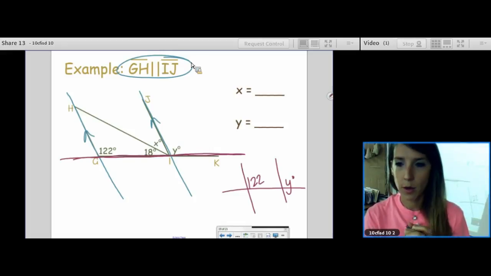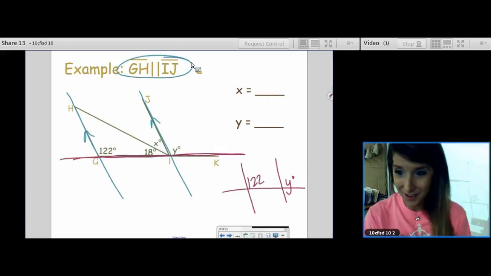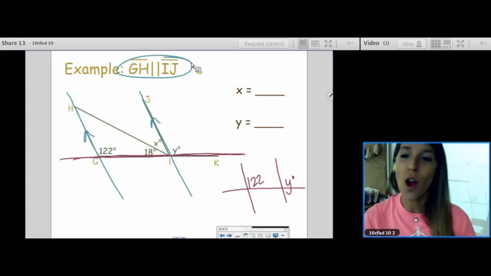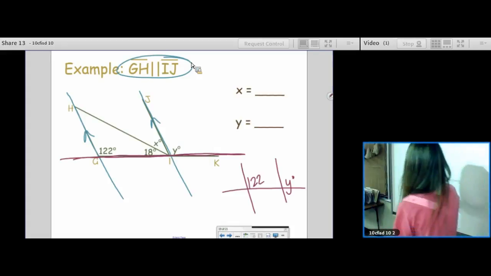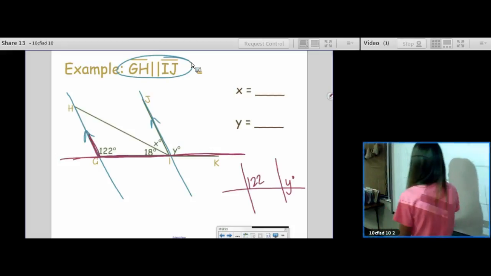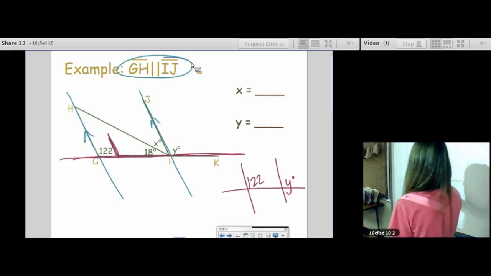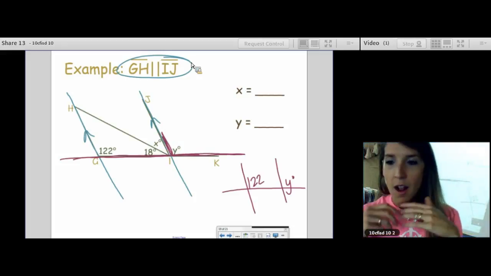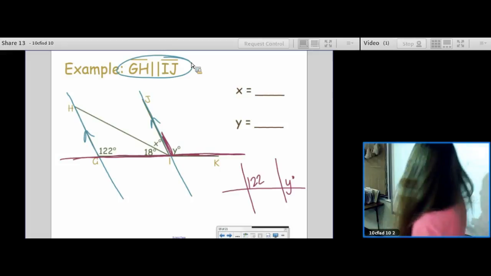What's the vocab word? Corresponding. Corresponding angles. Yes, corresponding does not start with an S. Corresponding angles are congruent. Another reason corresponding angles are congruent, I just want you to visualize this when you're working a problem. Because they have the same position, these angles can literally be subbed out for each other.